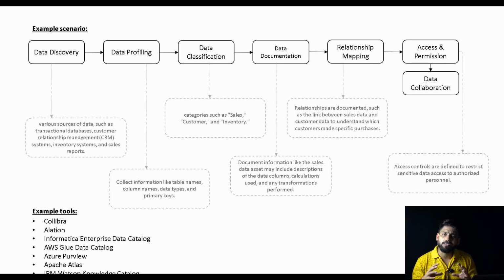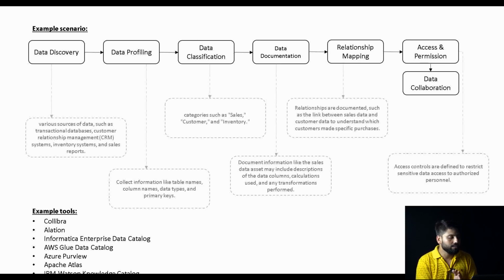Now we have some tools, some of which are paid and some free as well. The famous tools are Collibra, Alation, and Informatica Enterprise Catalog. These tools are for data cataloging.